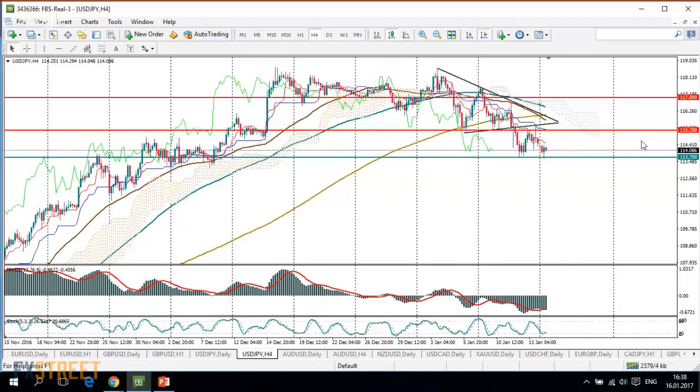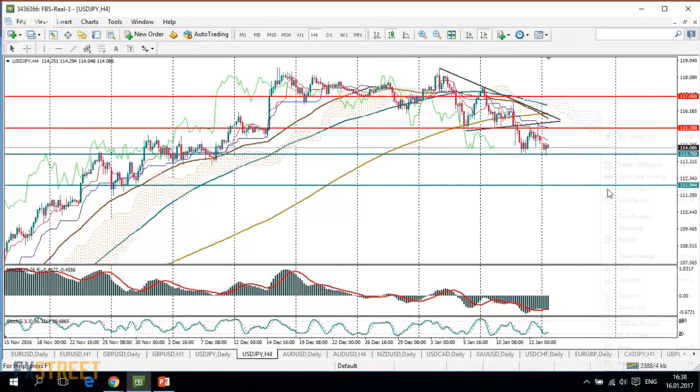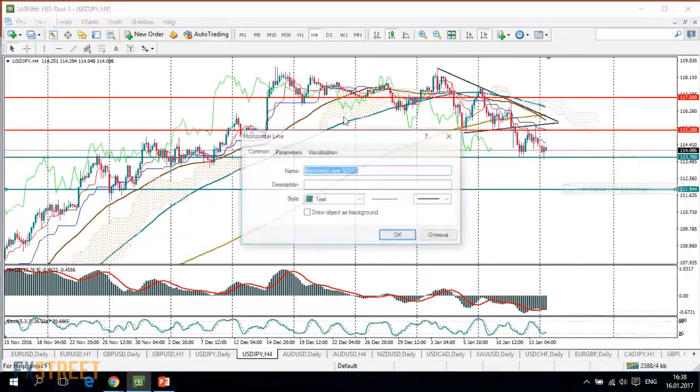Still, to have a more long-term picture in mind, we should point out that the yield difference between the US and Japan is still in favor of the United States and will likely keep supporting the greenback above the 112 mark.